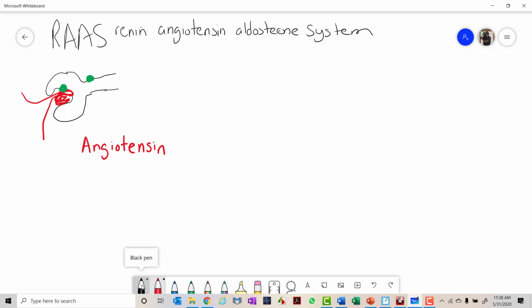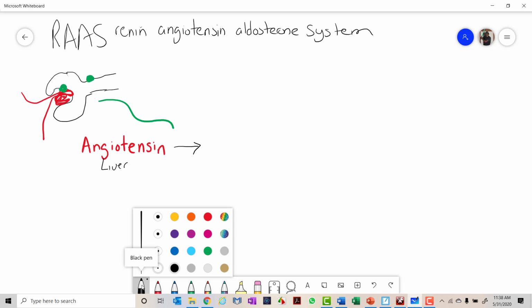And the renin that's released by the kidney is going to come along and do something to the angiotensin that's released by the liver. It's going to cause the angiotensin to transform into a new chemical known as angiotensin 1.